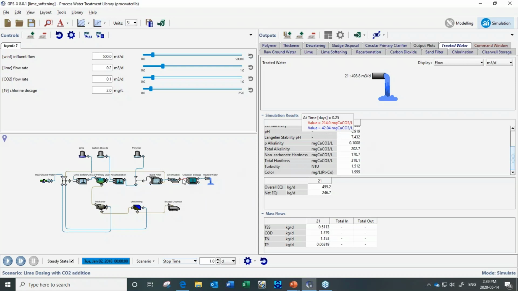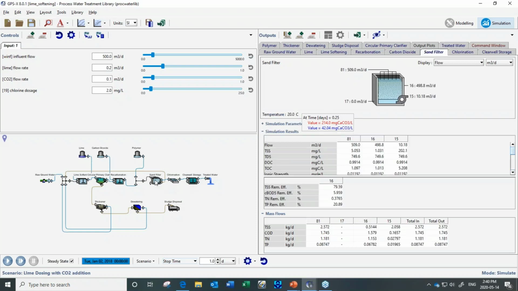So you can analyze the system in a very systematic way and look at what is the issue, what is happening at each and every point, because it produces a lot of information for you, not only at the influent and effluent, but also at every connection point in the treatment plant.